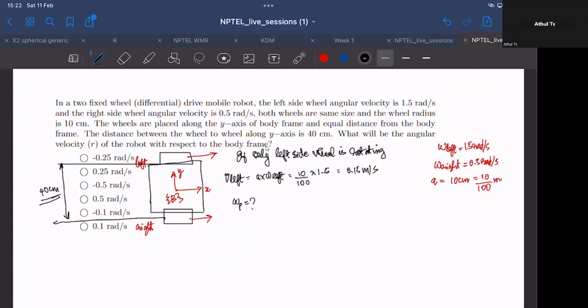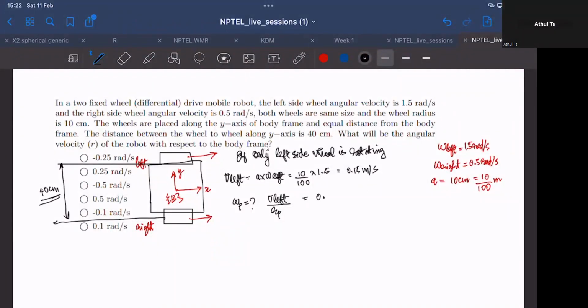So in this case, this would be the velocity of the wheel divided by the radius, if only the left side wheel is rotating.